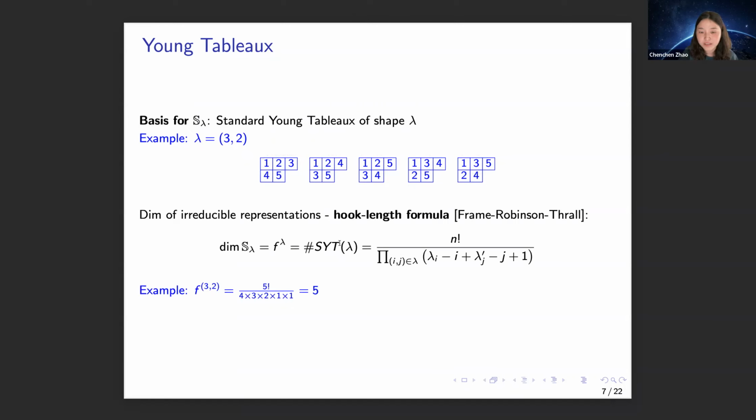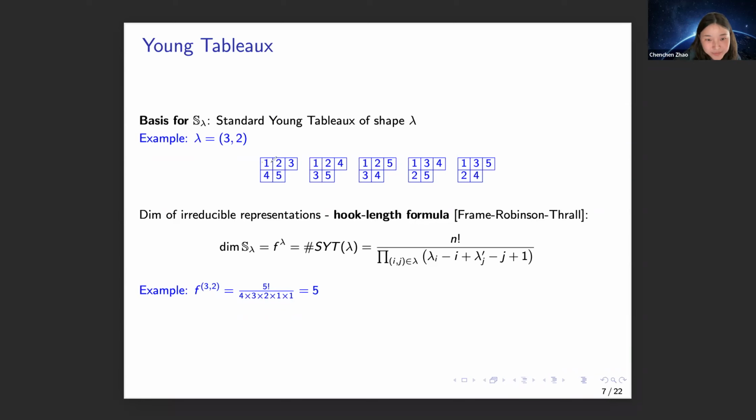The number of standard Young tableaux of shape lambda will be equal to n factorial divided by the product of the hook lengths at each spot. The hook length just means the distance from the particular box to the horizontal rightmost box, plus the distance from it to the vertical bottom. I can draw it here.